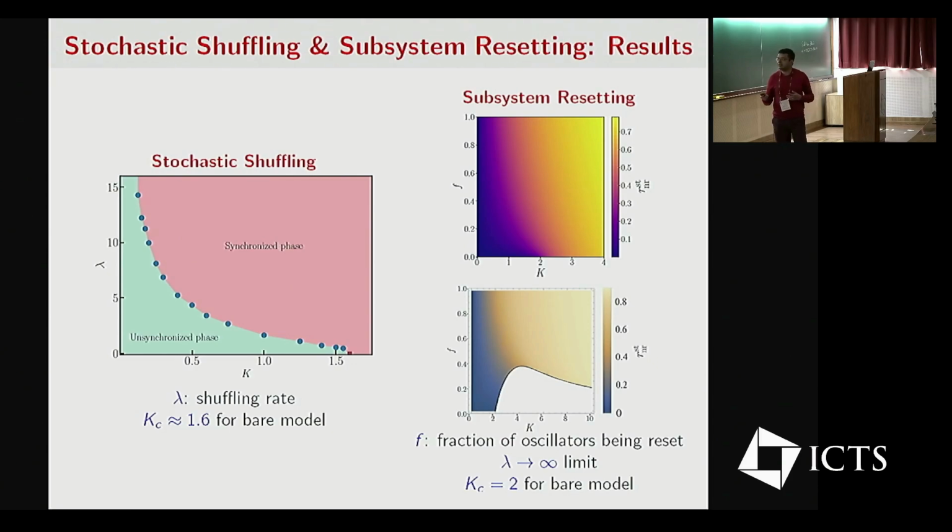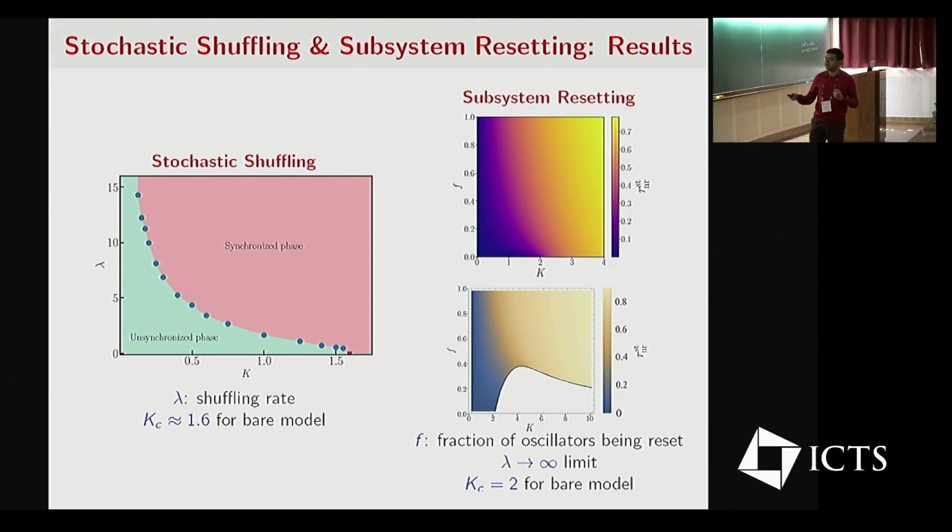And indeed, that is what is happening. Here I am plotting the phase diagram in the K-lambda plane. K is the coupling parameter. It just tells you how strongly the different oscillators are coupled, and lambda is the rate at which I am doing the shuffling. That is to say, 1 by lambda is the average time between two shuffling events. As lambda goes to 0, that is when I go back to the Kuramoto model, then I see that there is a critical coupling Kc above which the system synchronizes.